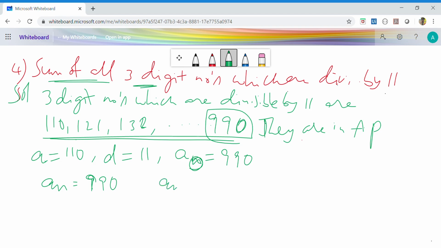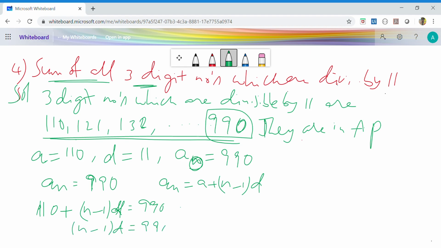So what is the AN formula? A plus (n minus 1) d. So here, A is 110 plus (n minus 1) d is equal to 990, where n we have to find out. So (n minus 1) into d is equal to 990 minus 110.